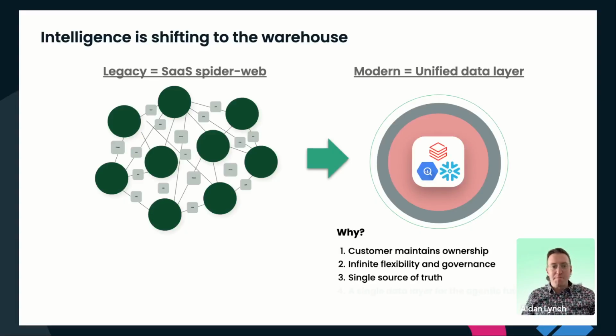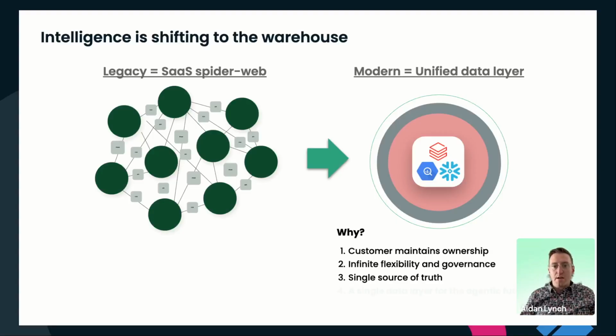But just for some context setting before we get started, I've been in this space for about 20 years. In that time, we've had this explosion of different SaaS applications. As I spoke to different marketing and digital teams over those years, one of the common pain points was around integration. I've got all these data silos. How do I start to integrate these? And so that's why we saw this shift over the last 5-6 years, where the intelligence was shifting towards data warehouses.